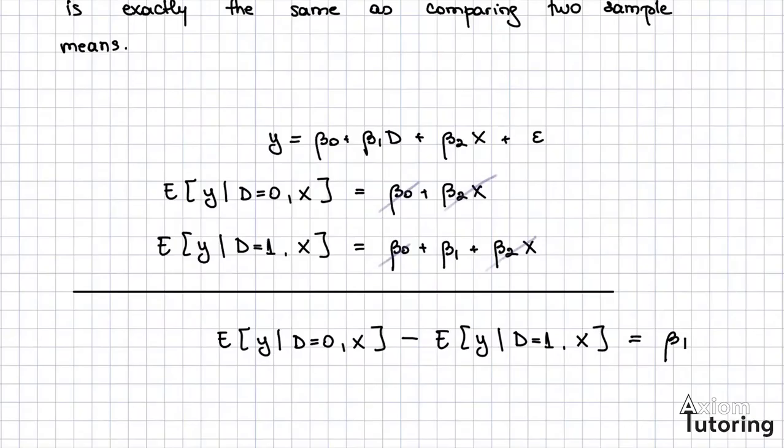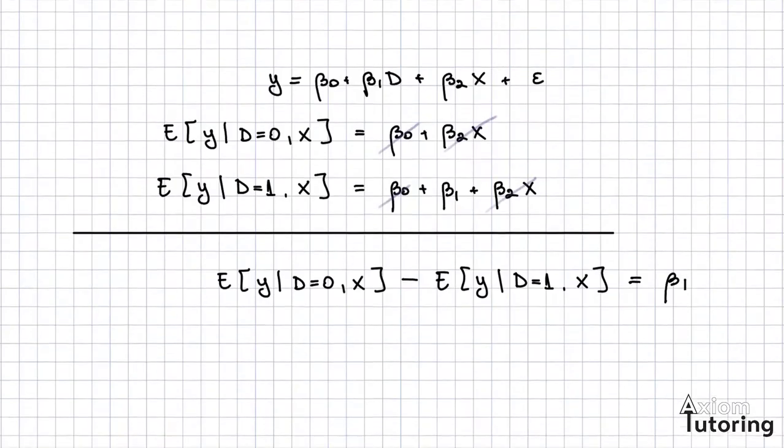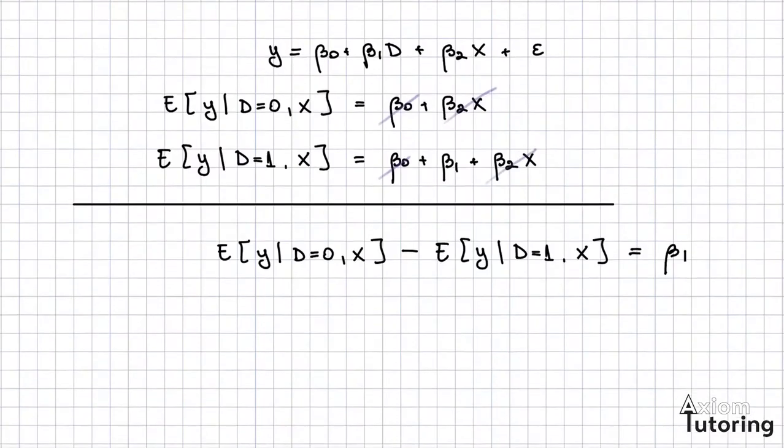So again, beta 1 now measures the difference between the groups, but keep in mind, holding x constant. So that is the partial effect interpretation. Keep in mind, the slopes on x are the same in both groups. So in a sense, you're looking at regression lines that are literally parallel.